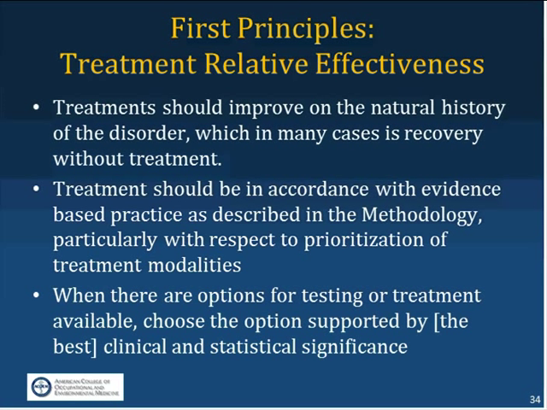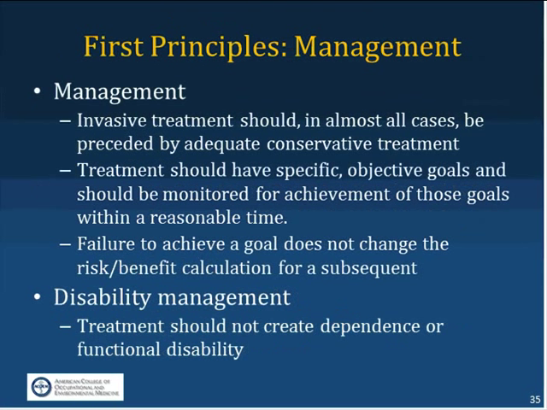That may be hard to believe given the sort of skewed sample of workers' comp patients a lot of us see sometimes, but if you look at population studies, that's actually true. Best practice treatments, particularly in prioritizing treatment modalities, and when there are options, which you will see in the guidelines, choose the one with the best evidence behind it.